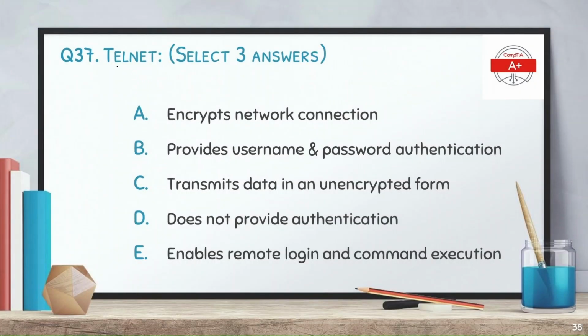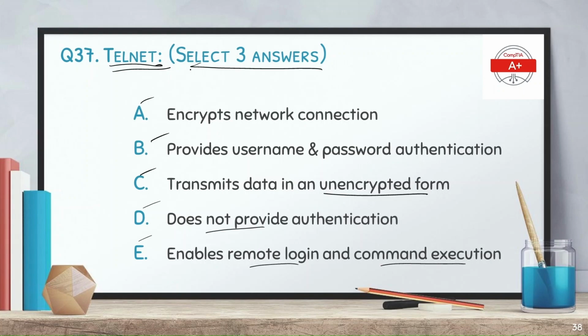Question number 37 is that what is Telnet? We have to select three statements about the Telnet, and the options are A, encrypts network connection, B, provides username and password authentication, C, transmit data in unencrypted form, D, does not provide authentication, and E, enables remote login and command execution.